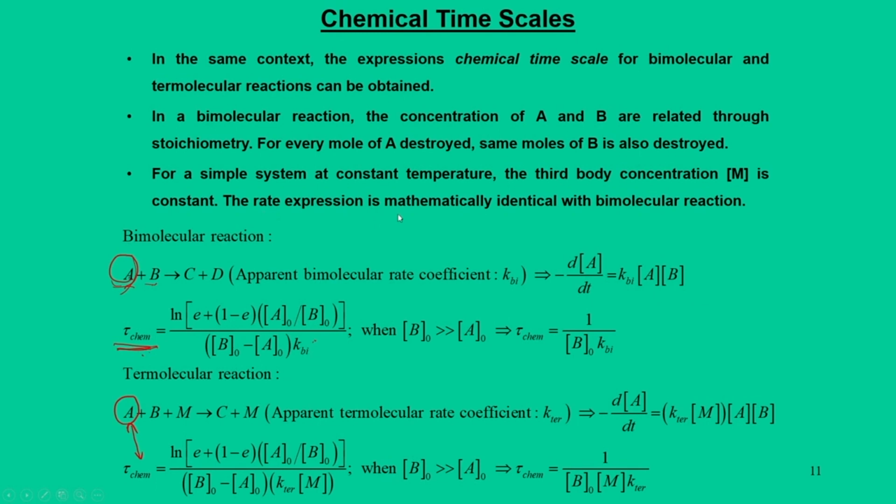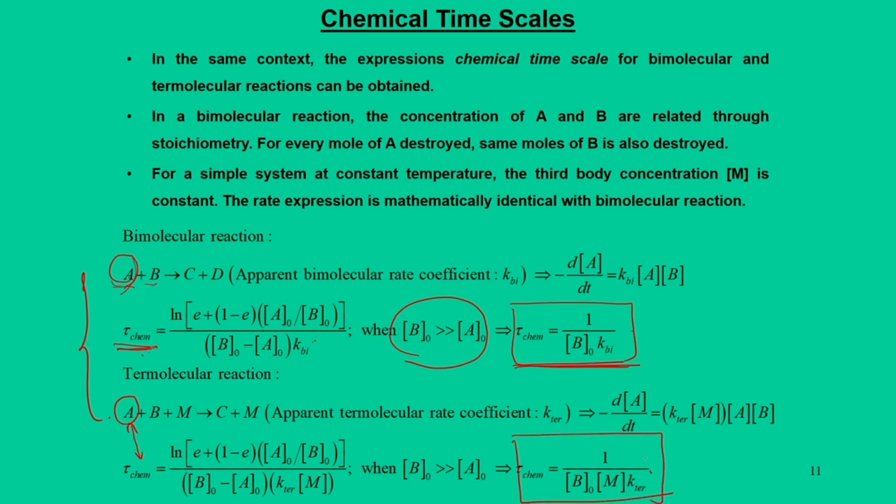So, the rate expression is mathematically identical for bimolecular and termolecular systems. Basically, bimolecular and termolecular remain the same. What remains in the final expressions is that when the concentration of B is much greater than A0, this chemical time scale reduces to a very simple expression for bimolecular and termolecular reactions.